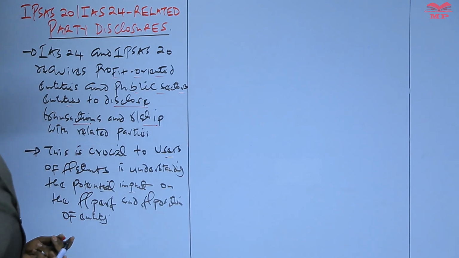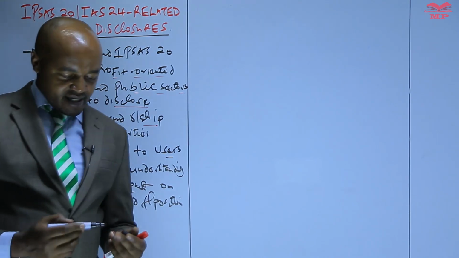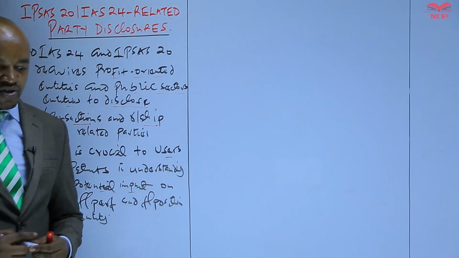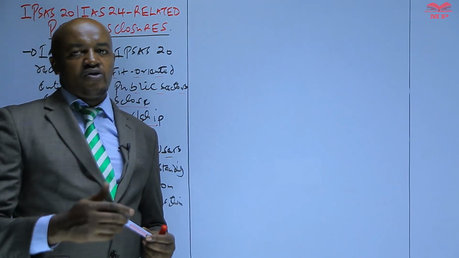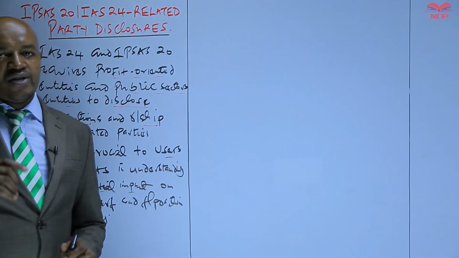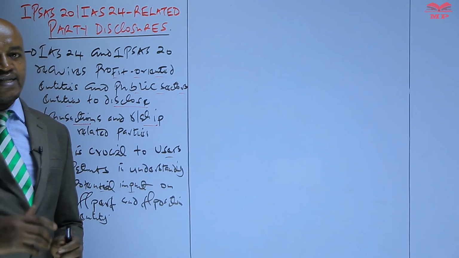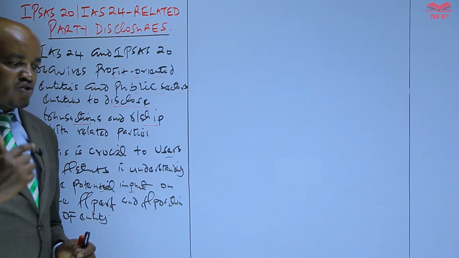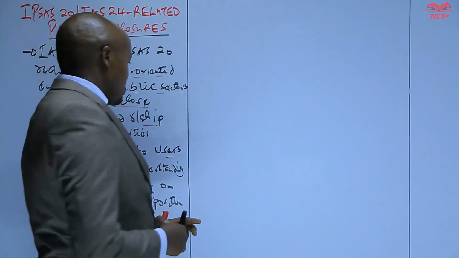Parties. Now, this particular standard, that is IAS 24, it is important to note that it applies to the profit-oriented entities, whereas IPSAS 20 applies to public sector entities, including not-for-profit making organizations.